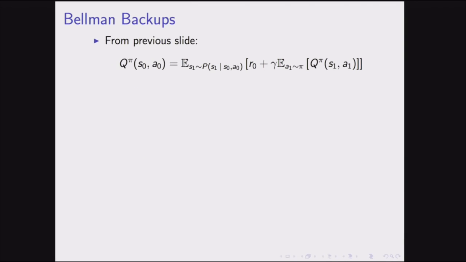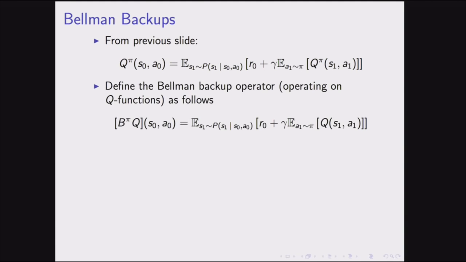Okay, so here's the Bellman equation from the previous slide. Now I'm going to introduce a very important concept called a Bellman backup. We have this equation that the value function Q^π should satisfy, but let's assume we don't know Q^π. So let's say we have some other Q function.